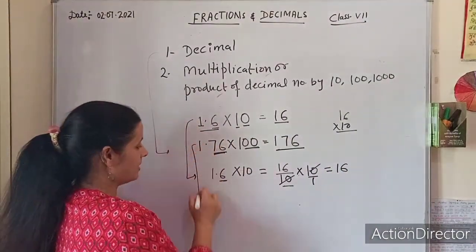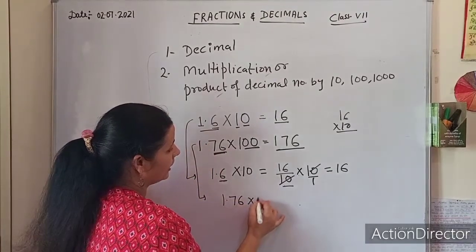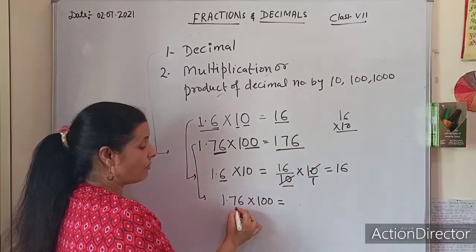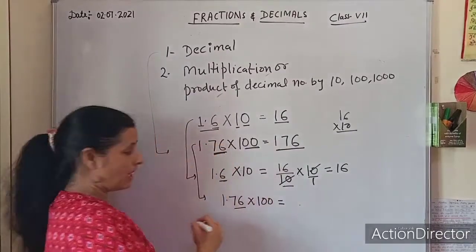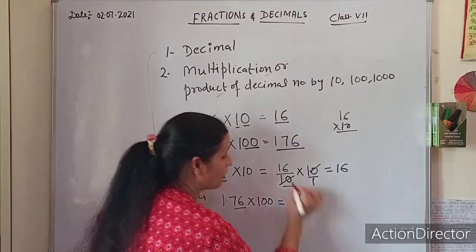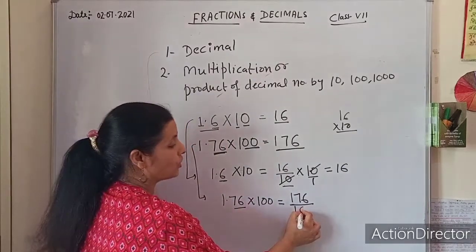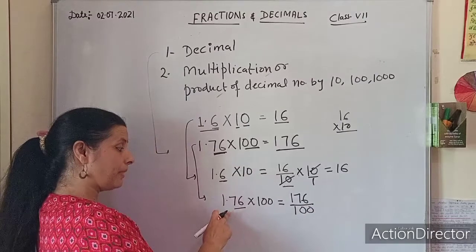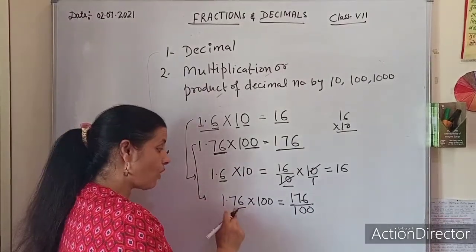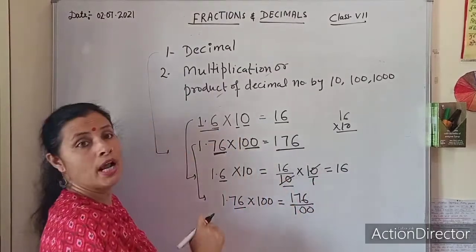Let's try to understand the second one. Here is written 1.76 into 100. Now you can see how many digits are there after the decimal? 2 digits. So first we will write that number in its whole or complete form. How many zeros will we place after 1? 2 zeros, because there are 2 digits after the decimal. It means 1.76 can be written as 176 upon 100.